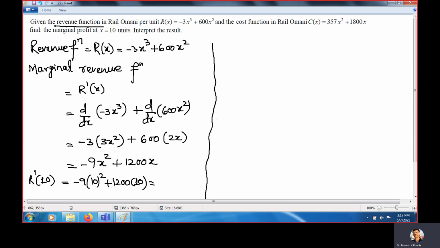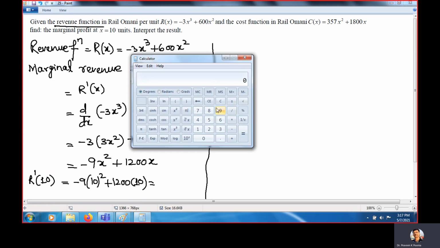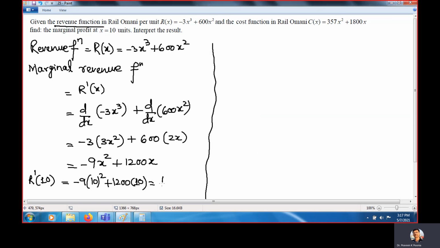Using the calculator, 10 into 10 is 100, into 9 is 900 with negative sign, plus 12,000. So it is 11,100. 11,100 is the marginal revenue.